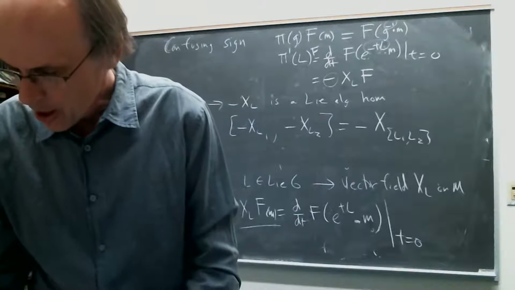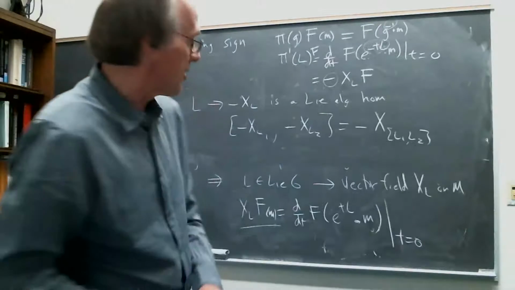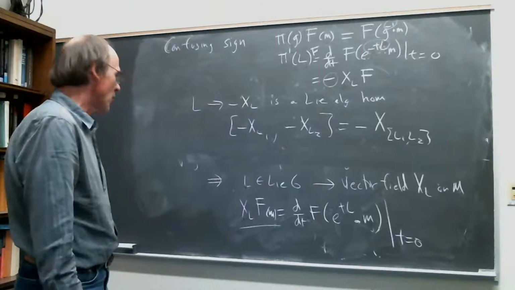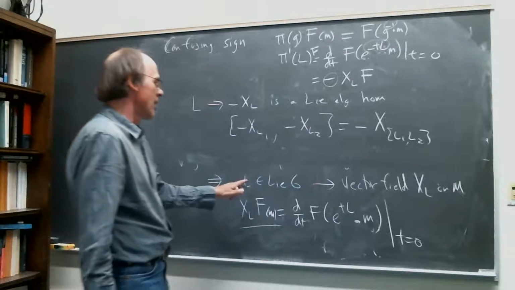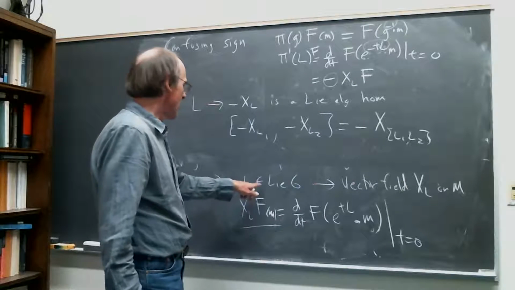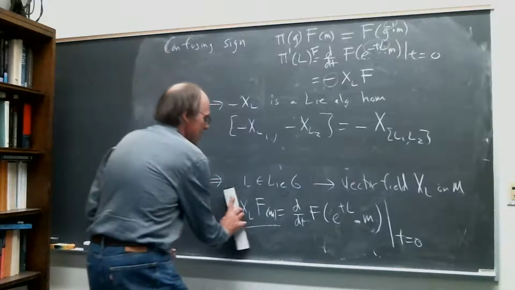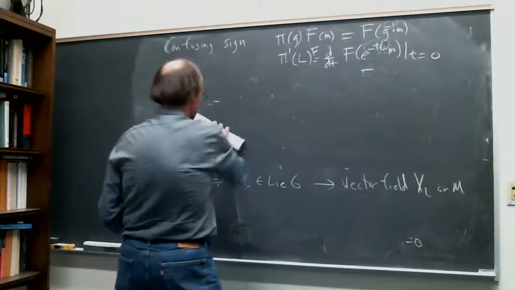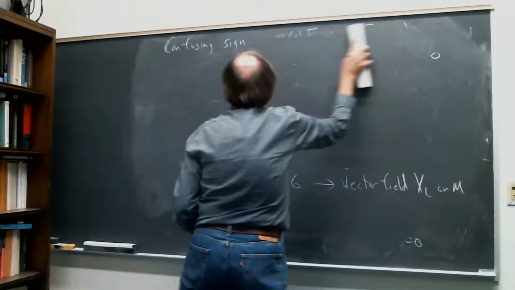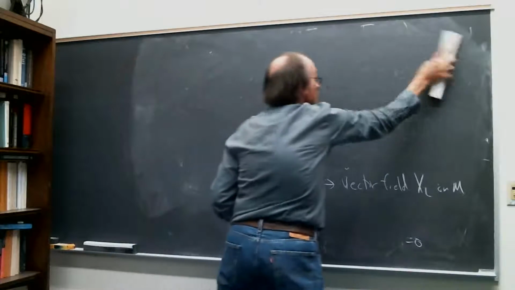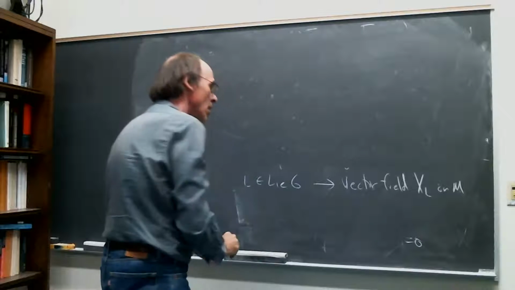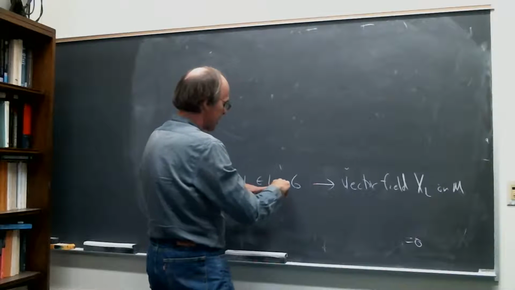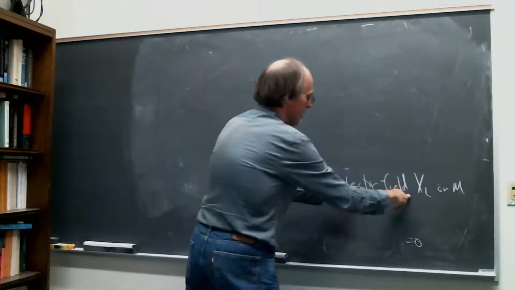Okay. Let's see. So now what's the bottom line here? What I want to do is, remember that I've got this guy here. It's actually kind of what you were asking about. So from the group action, each element of the Lie algebra is giving me a vector field.